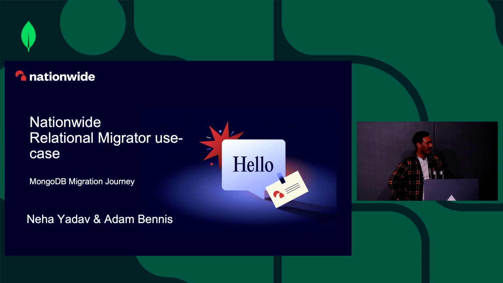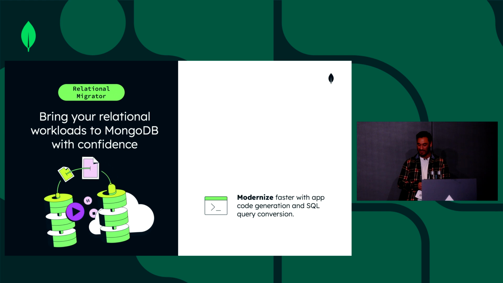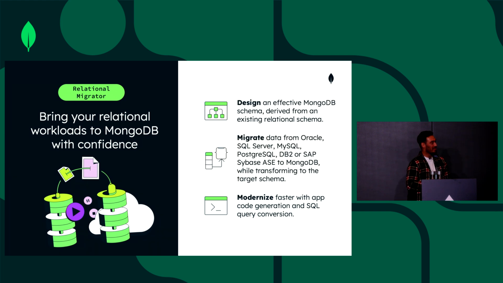So our product management team have come together to try and address some of these challenges that are usually involved with a migration. The tool is called Relational Migrator. Essentially, the product team came together to try and simplify schemas. Relational Migrator allows you to design an effective MongoDB schema based off your existing relational schema.